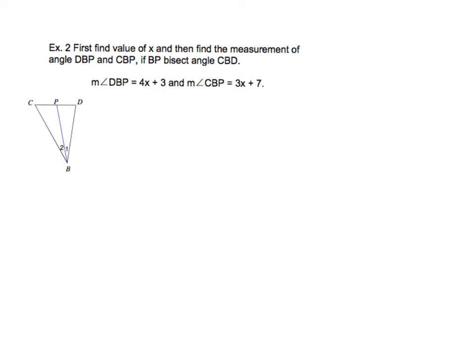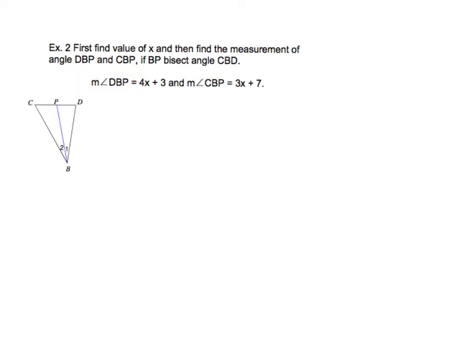All right, example 2. First, find the value of x, and then find the measurement of angle DBP, or angle 1, and CBP, angle 2, if BP bisects angle CBD.